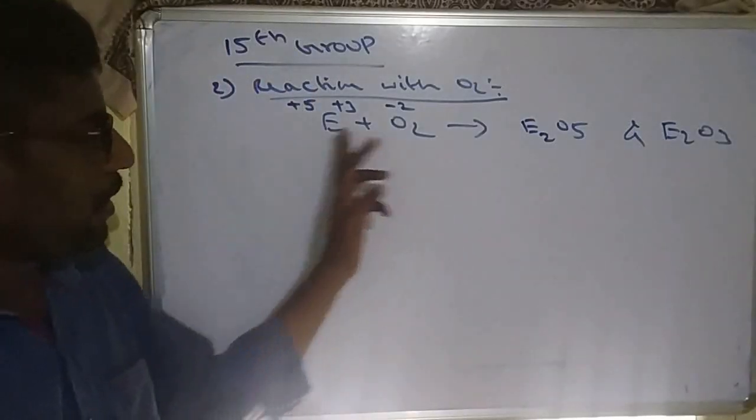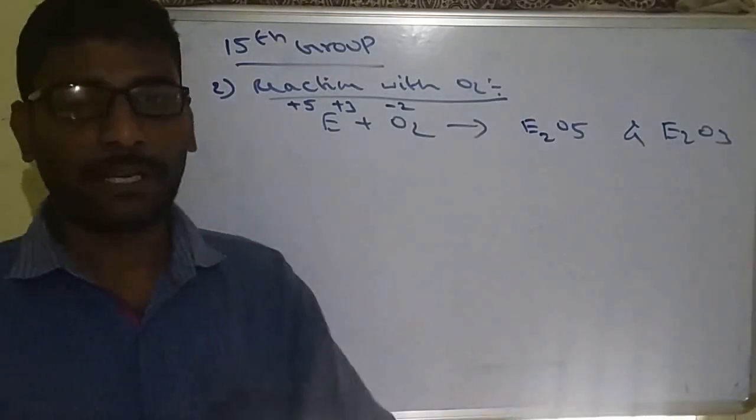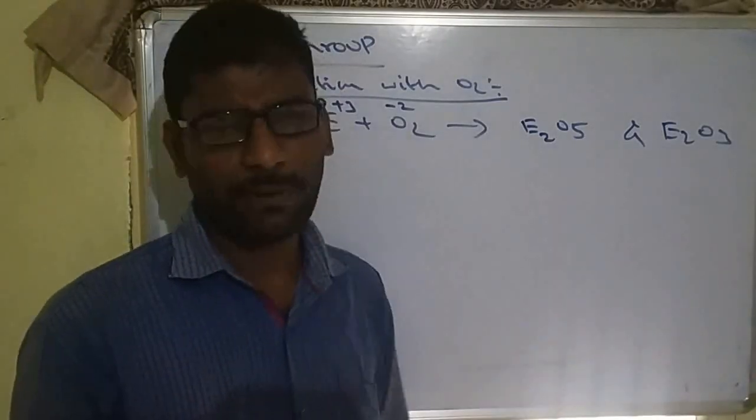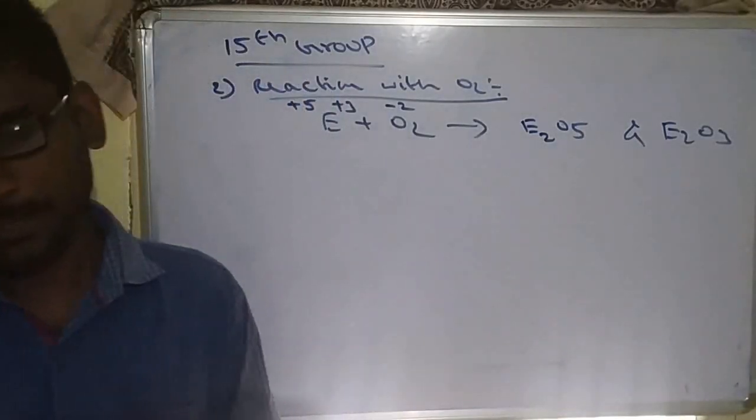So mostly all pentoxides are acidic in nature, nitrogen oxides or phosphorus oxide, whatever, all pentoxides are acidic in nature.